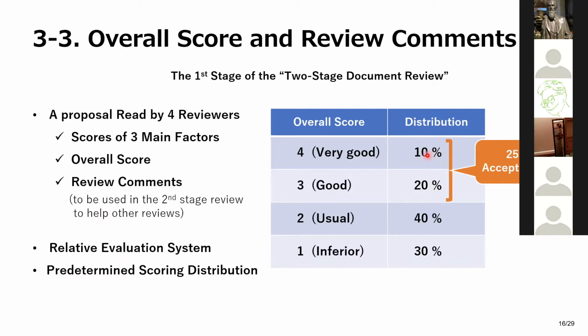The next best score of 3 is 20% of the total. Acceptance rate of Kiban C and B was from 25 to 30%. So in order to get a grant, the target score will be 3 or 4.